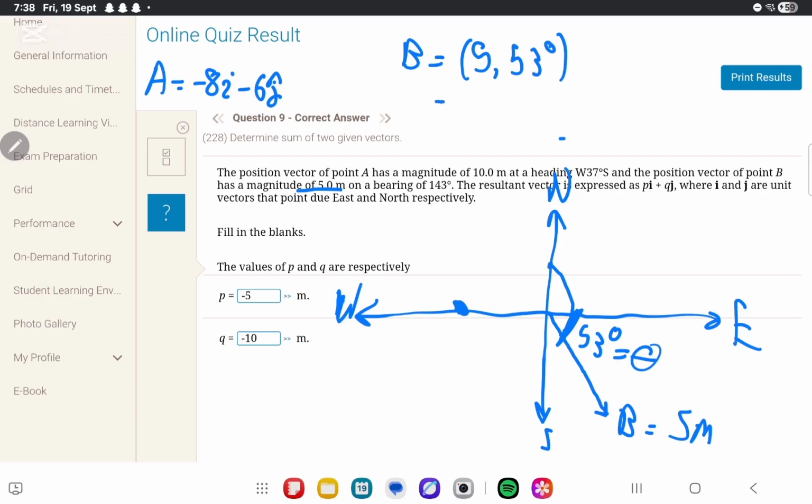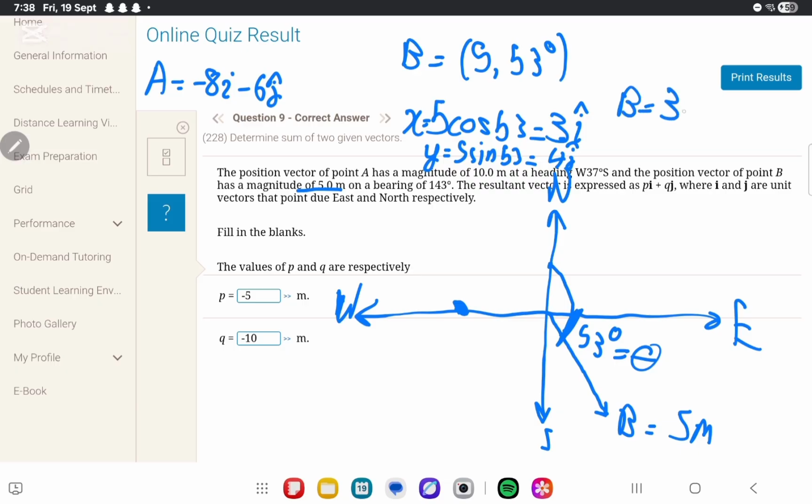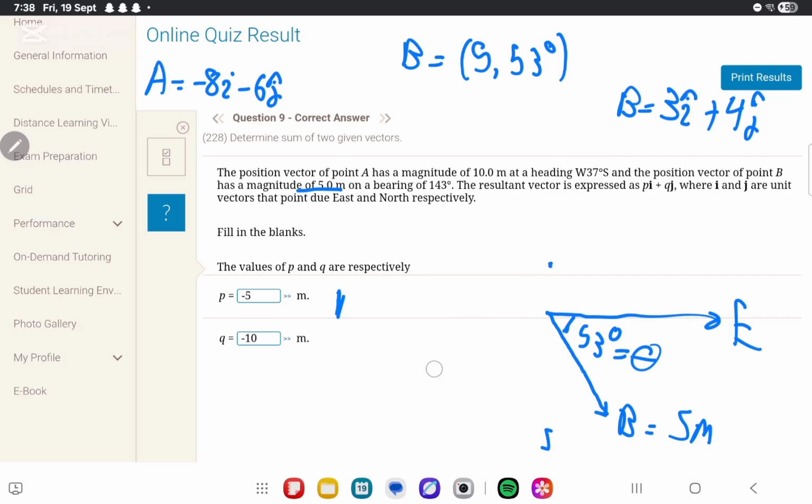So now I can do x is equal to 5 cosine 53, which equals 3i, y is equal to 5 sine 53, which equals 4j. Okay, so B is equal to 3i plus 4j. Now I'm going to erase all of this, even the graph, because I don't need it anymore.